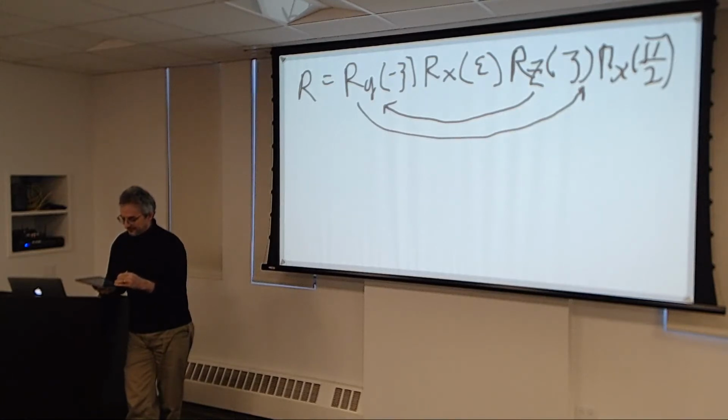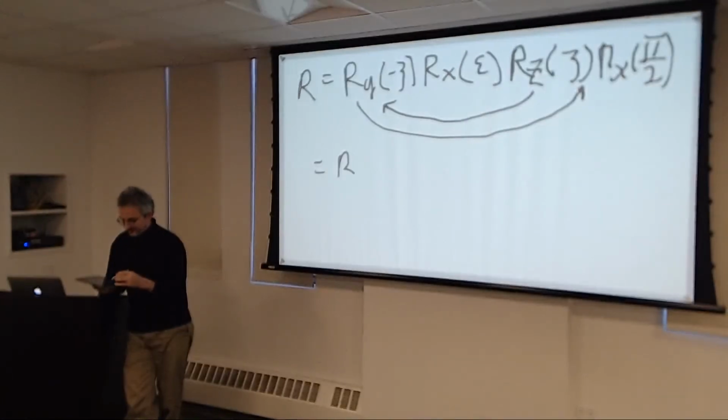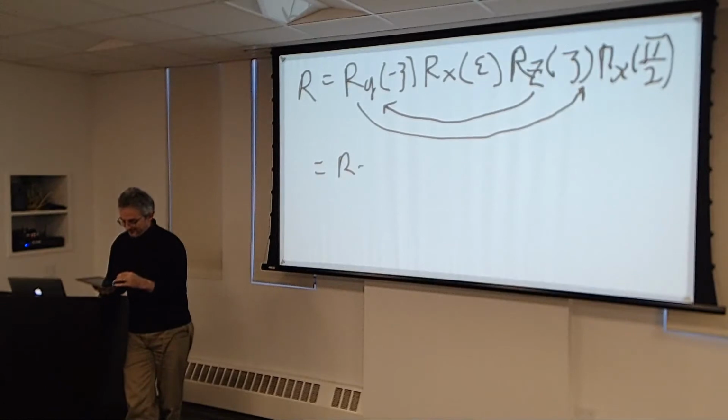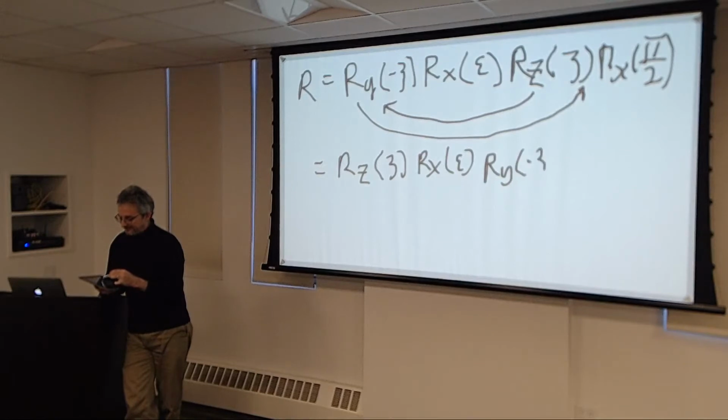So I end up then with Rz zeta, Rx of epsilon, Ry of minus zeta, Rx of pi over 2.